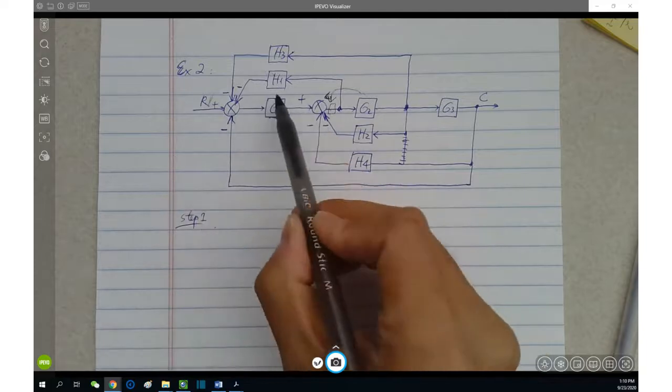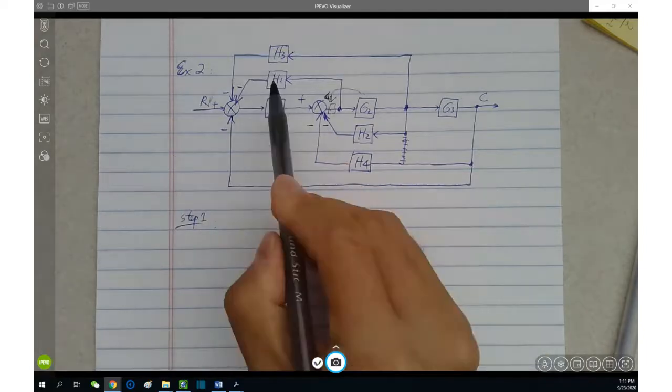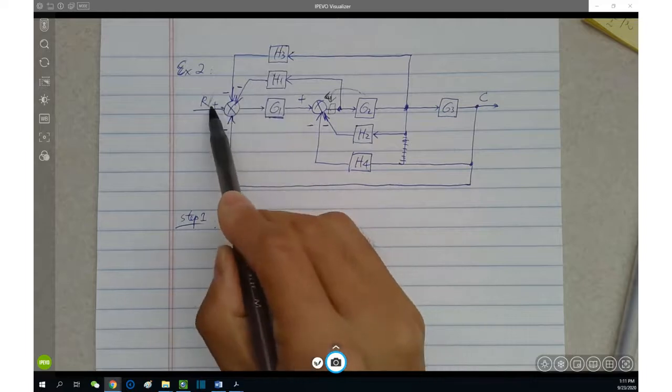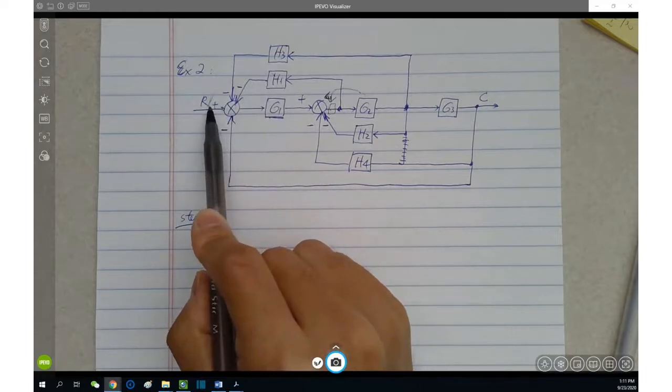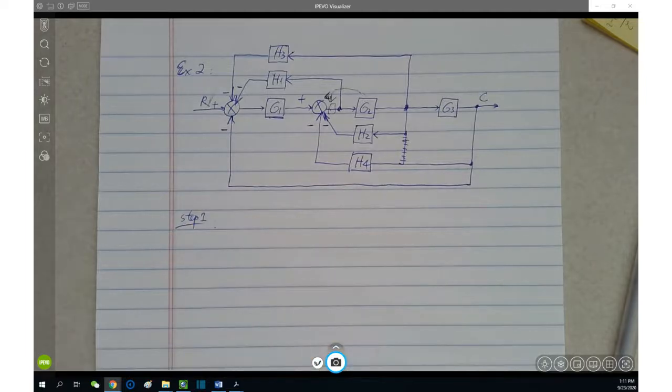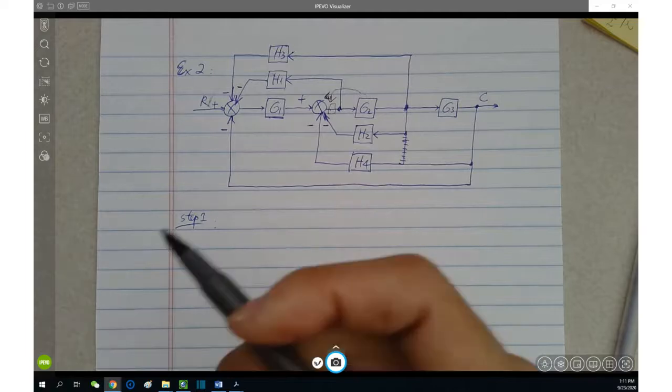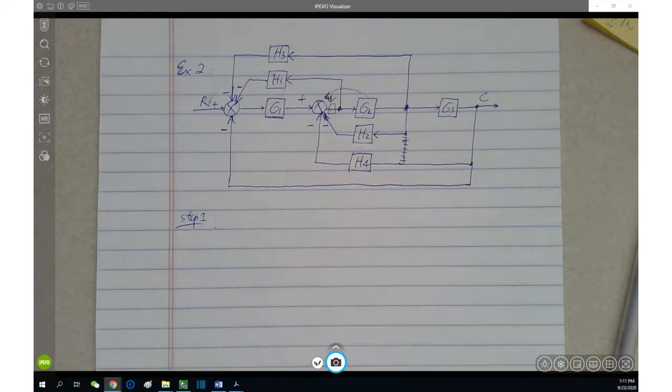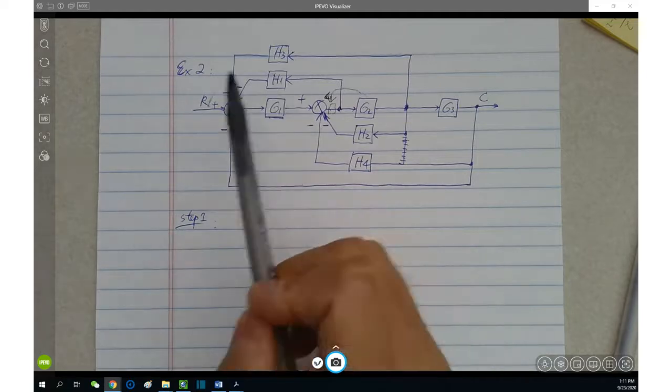So moving H1 from here over this guy to here, it's not very clear. It's not leading to an immediate convenience, I would say. Yeah, I think it's not a clear good move from here.